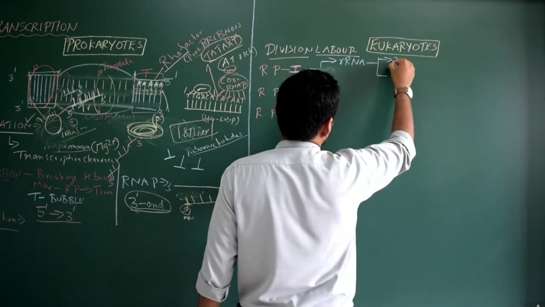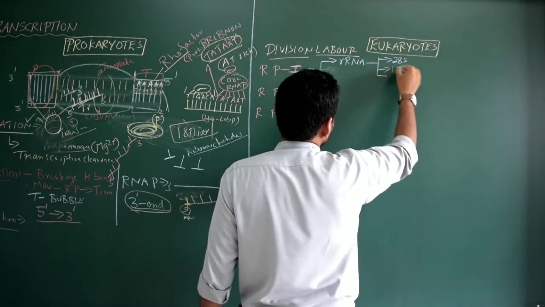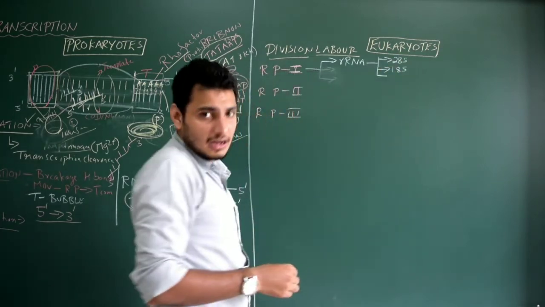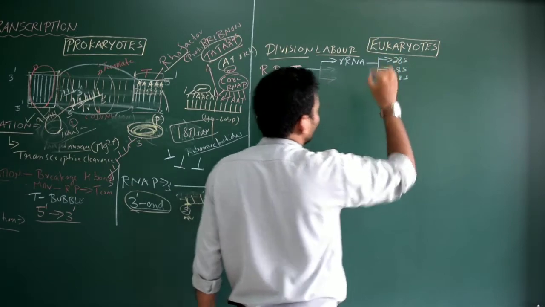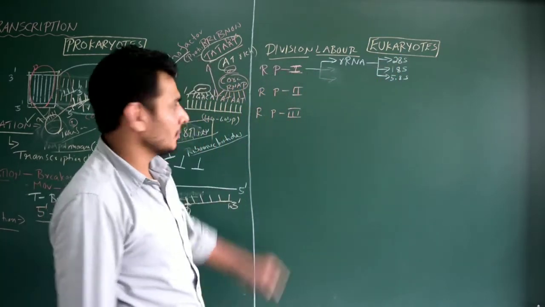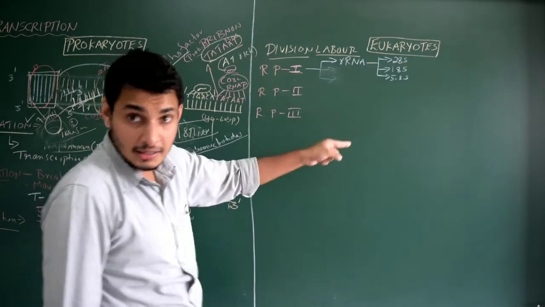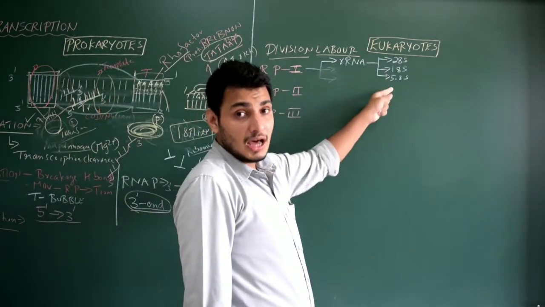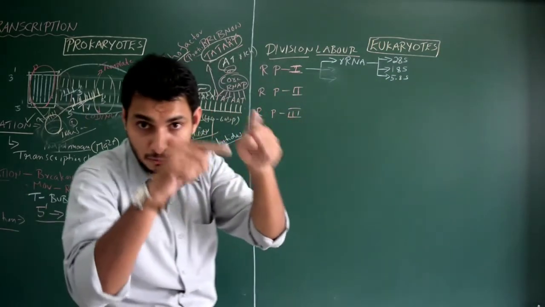The first type is 28S rRNA. Another one is 18S rRNA. The other one is 5.8S rRNA. Please note this point. Very important. The function of RNA polymerase 1 is to synthesize ribosomal RNA. There are 3 different types of ribosomal RNA, that is 28S, 18S, 5.8S. Please note this point. Very, very important.